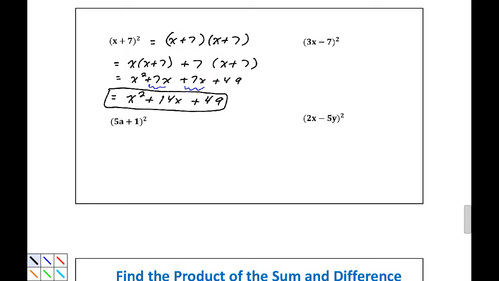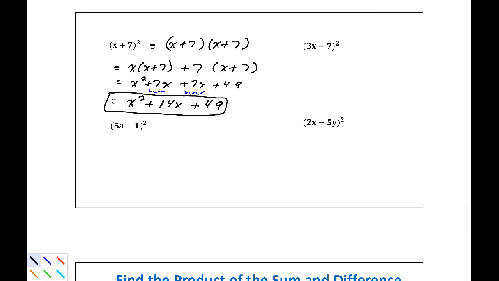Next example I have is 5a plus 1 quantity squared, which I will write as 5a plus 1 in parentheses multiplied by 5a plus 1 in parentheses. With the general polynomials method, I would say 5a multiplied by 5a plus 1, multiplied by 5a plus 1.